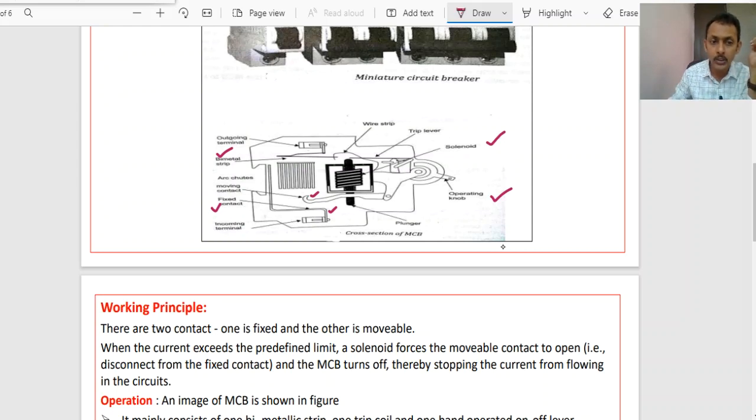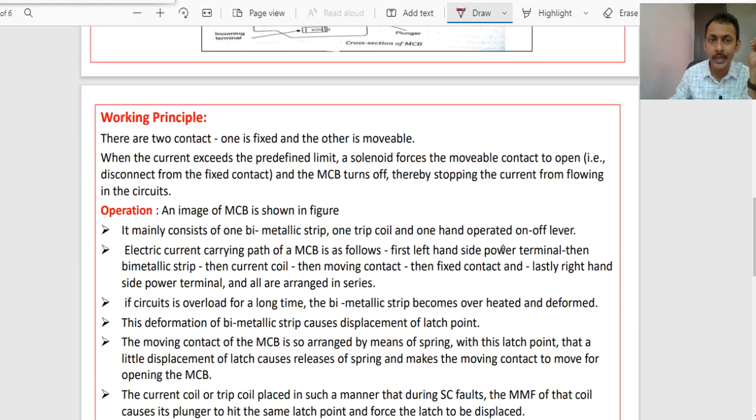Coming to its working principle, as we have discussed earlier, there will be two contacts. One is the fixed contact, and another one is the movable contact. Whenever the current exceeds the limit, the solenoid forces the movable contact to open, and the MCB will get turned off, thereby stopping the current from flowing into the circuit.